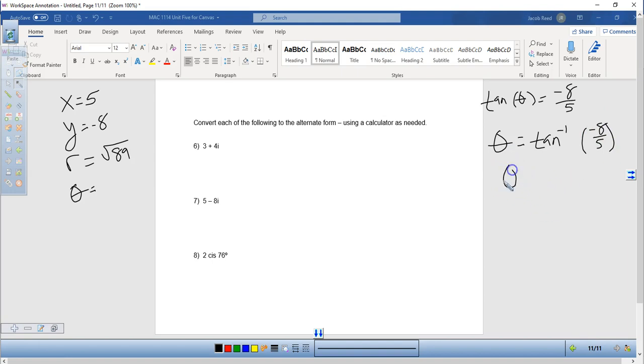And in this case, we get that theta is -58 degrees. So my answer is square root 89 cosine I sine of -58 degrees.